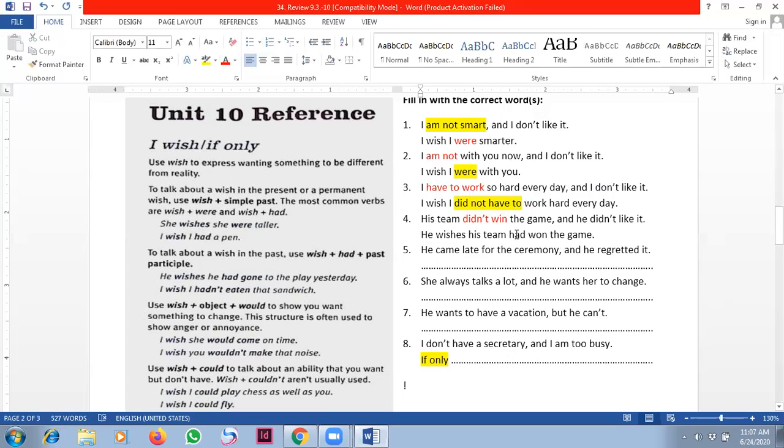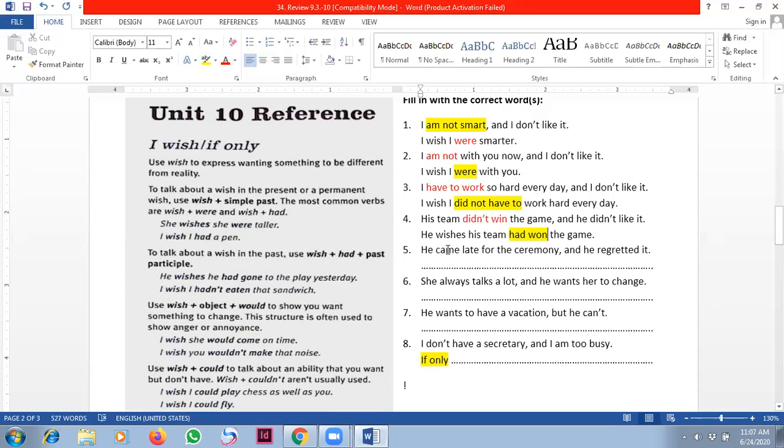Of course, this is past perfect. This is the third conditional because the reality is past. If the reality is present, you use the second conditional. If the reality is past, you use the third conditional.